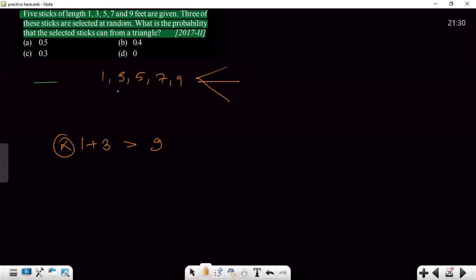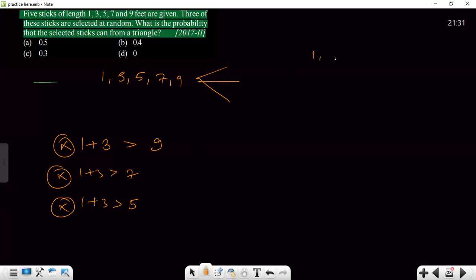Let's take another example. Is 1 plus 3 greater than 7? No. So this will also not form any triangle. 1 plus 3 is greater than 5? No, 4 is not greater than 5. So 1 is excluded in every triplet.